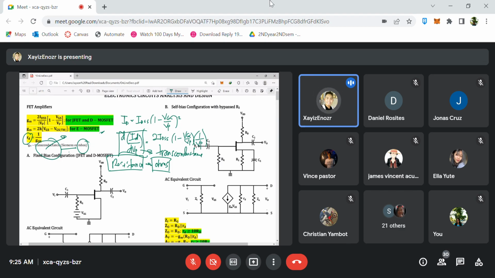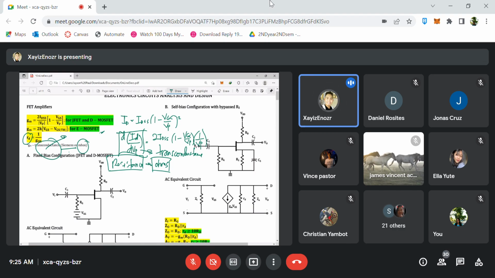So, yung rd na tinatawag is kung sa BJT natin, meron tayong tinatawag na AC emitter dynamic resistance, okay? Or yung resistance na bubuo sa emitter terminal kapag na-subject siya sa AC current, okay?